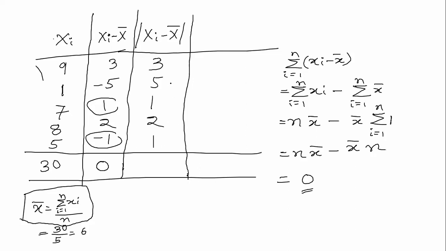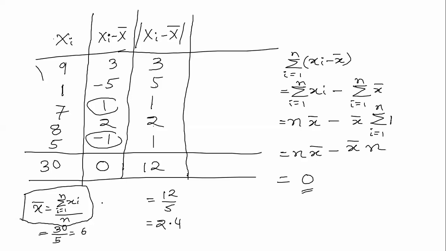This is also called the deviation of an individual observation xi from its arithmetic mean, and we have to take the average of this. For taking the average we add all of these: 3 plus 5 is 8, plus 1 is 9, plus 2 is 11, plus 1 is 12. So 12 upon 5 is equal to 2.4.